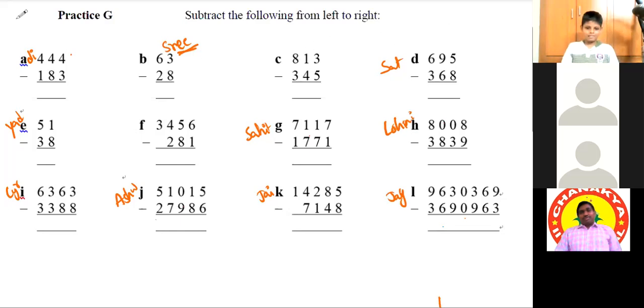Sri Vallabha is also saying the same. Sri Vallabha, you take another question. C or F, take any one. C. Okay, Sri Vallabha, this is C. And this is Sri Harsha.